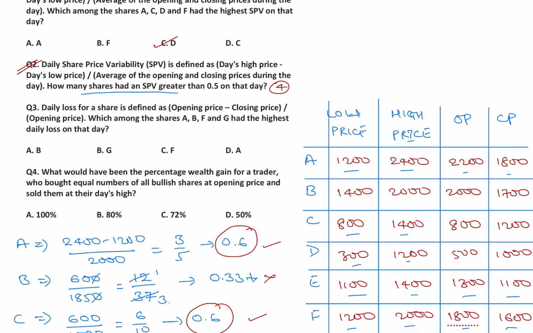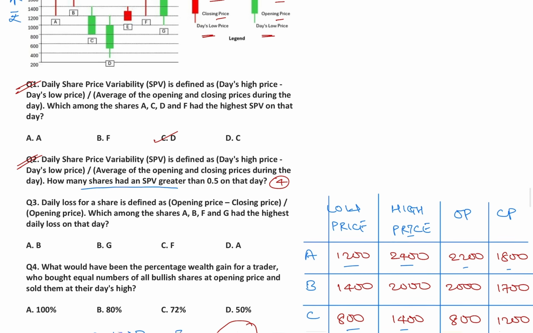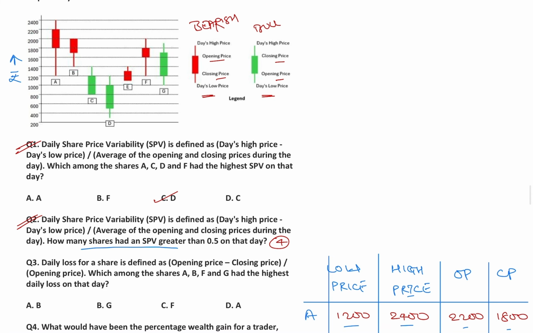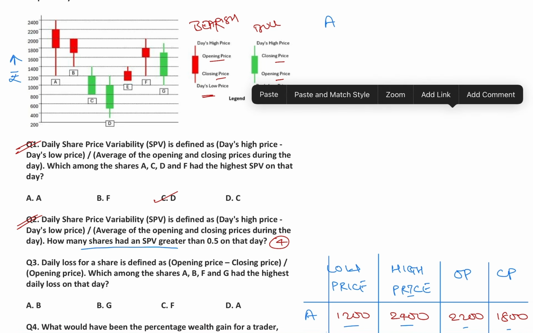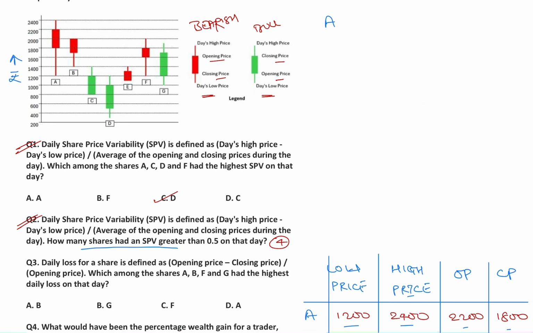Question number 3 says daily loss for a share is defined as opening price minus closing price upon opening price. Which among the shares A, B, F, and G had the highest daily loss on that day? Okay, so we can work this out here. For A, it will be opening price minus closing price upon opening price.